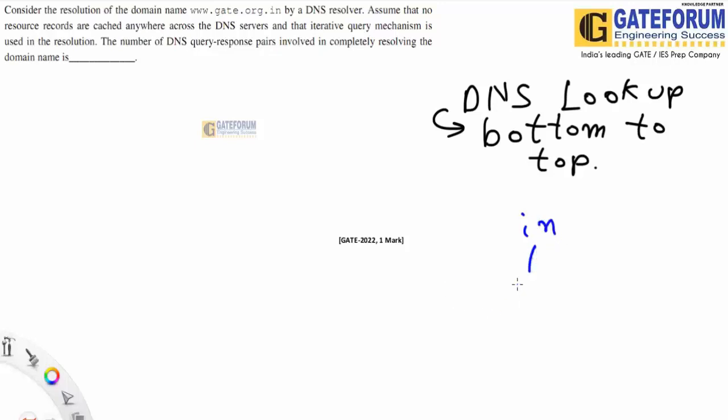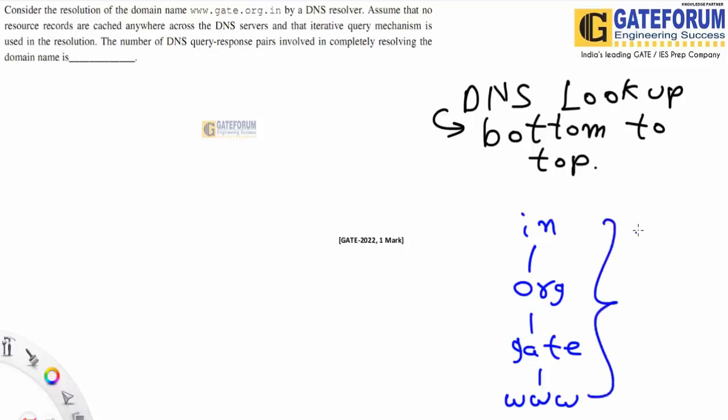Within in, it will search for org. Within org, it will search for gate. And within gate, it will be searched for www, or World Wide Web. So basically, there are four pairs of DNS query response.